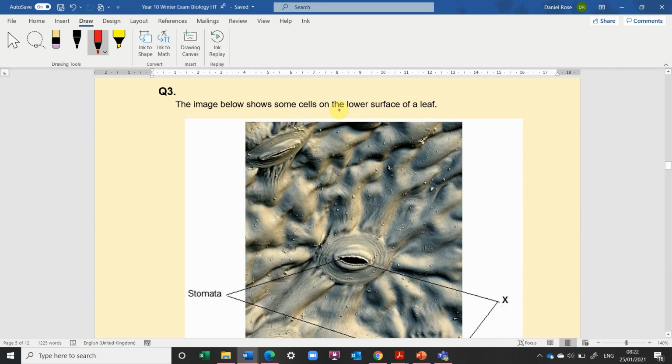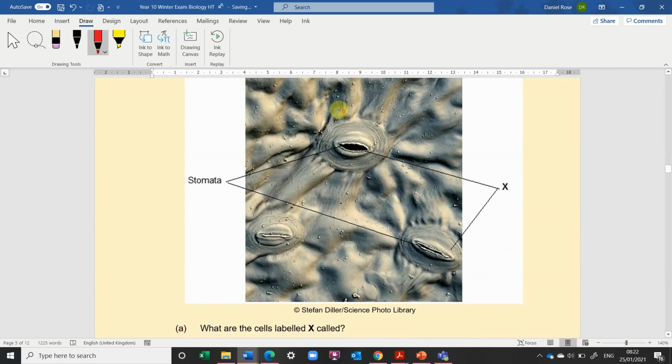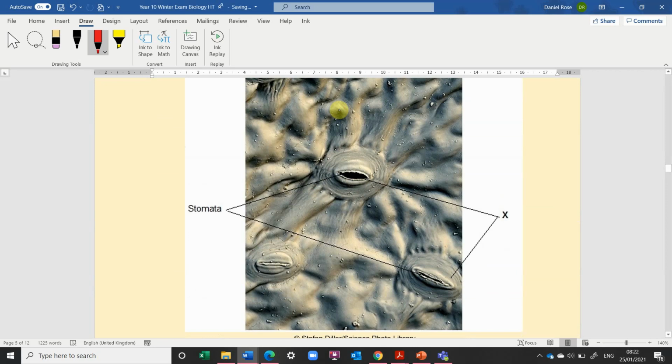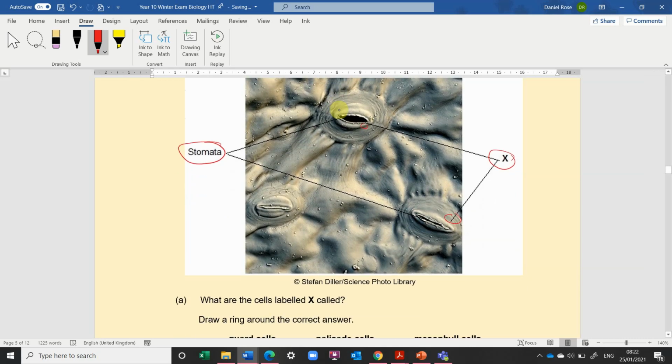Right, next one says the image below shows some cells on the lower surface of a leaf. It doesn't look much like a leaf, but I've got these stomata and X. So let's look really carefully at what's going on here. X is clearly pointing to the outside, a little bit less clear there, but I've got stomata clearly pointing to the black bits.